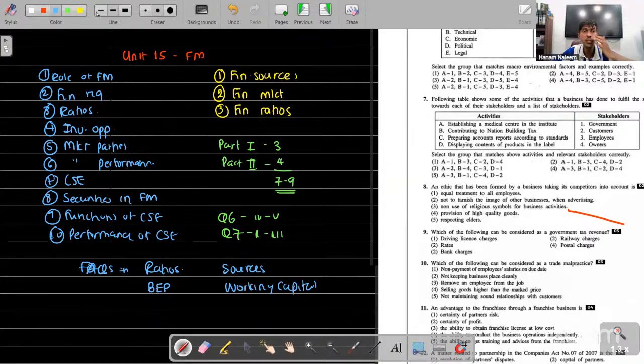You can't skip this unit, dear. If you don't study, if you target not to do finance management, the cost will be high. You can see the picture which the coordinator shared in the group: finance management part one is obviously a 3-mark question. Some years it has gone even for 6 to 7 marks.